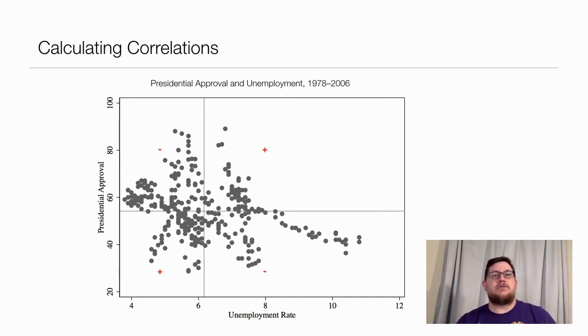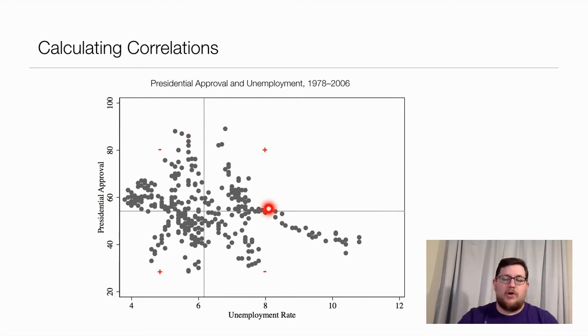Now, generally speaking, if you sat down and you counted out all of the individual dots in each quadrant, and you added all the positives together and all the negatives together, whichever one has more dots, that's going to be your covariance. And it's also going to be your correlation. So if you have more observations in this quadrant and this quadrant, you're going to get a negative correlation.